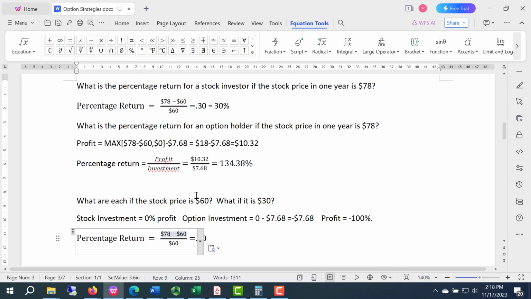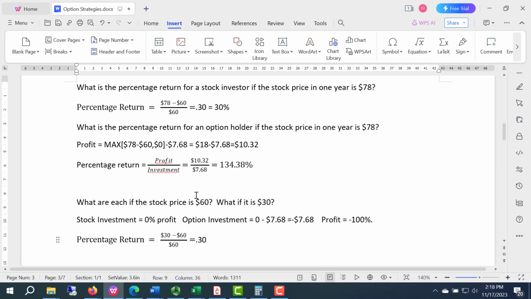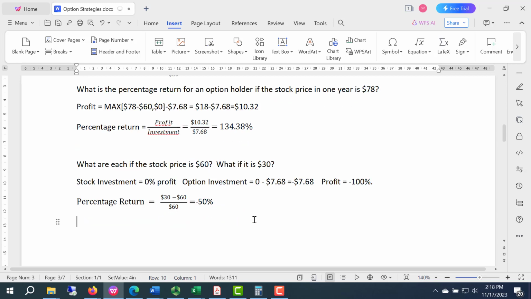In this case, the stock price goes down to $30. 30 minus 60 is negative 30, divided by 60 is negative 50%. And then our option, it's the same return, negative 100%, because we would choose not to exercise the option.